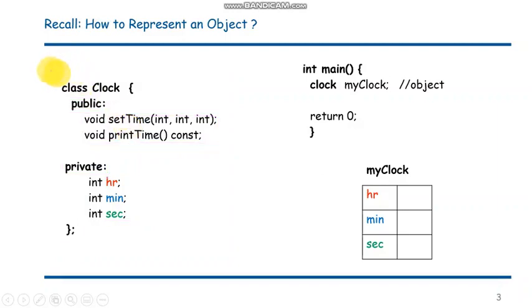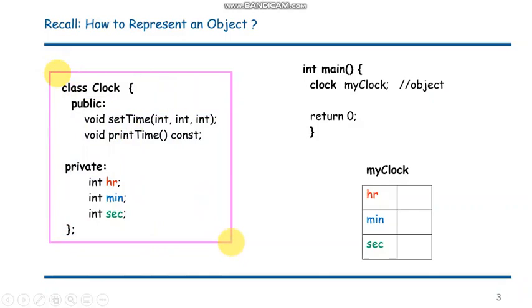Let's say that when you have a class like this, it becomes a new data type. As a consequence, you can then create an object. As you can see here, we have clock, which is a data type. My clock is an identifier.